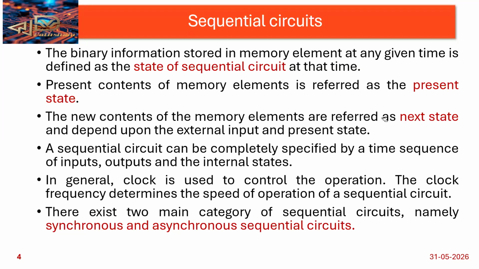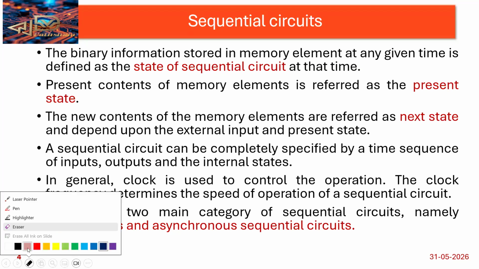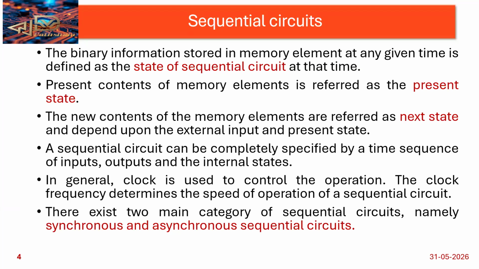Can you repeat that part, present state and next state? Suppose you are giving a value from this input, so this will be stored here. This is my input. Whatever input we take, the information stored is treated as the present state.